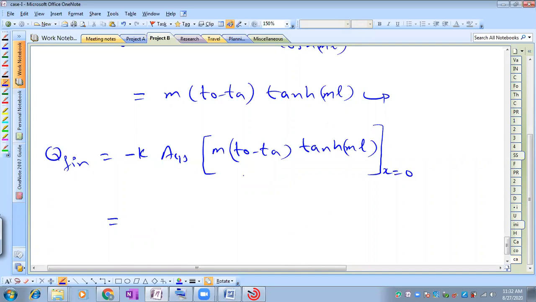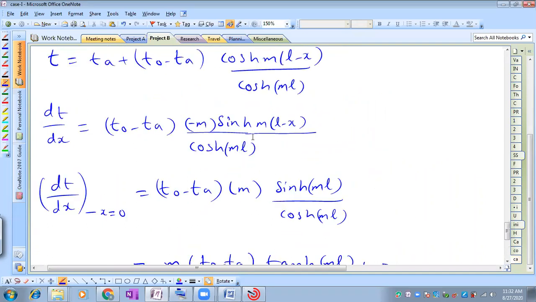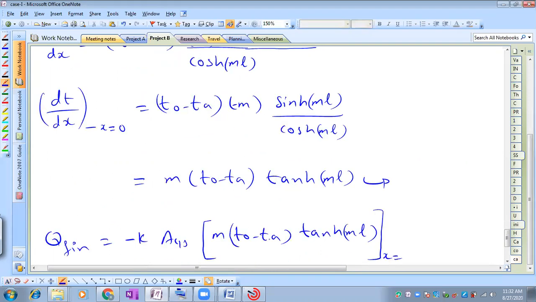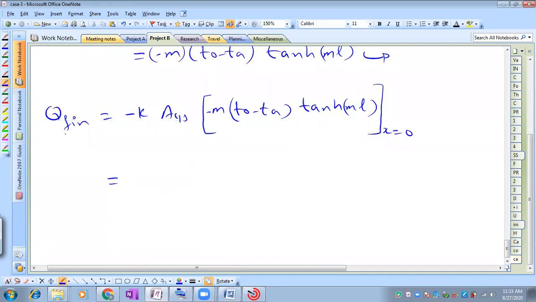It is minus, I think, minus m. Here in this equation, mL minus mx, the minus will be common, so here also it will be minus. Similarly, the bottom side also we have minus, so minus minus will get plus. So it will be m into k A_cs into (T0 minus Ta) into hyperbolic tan of mL.